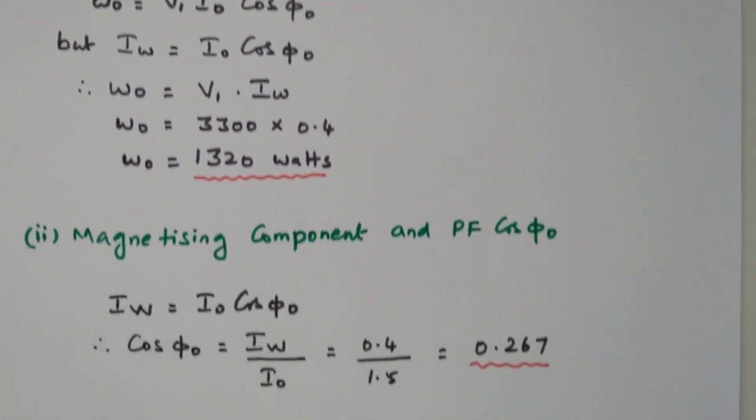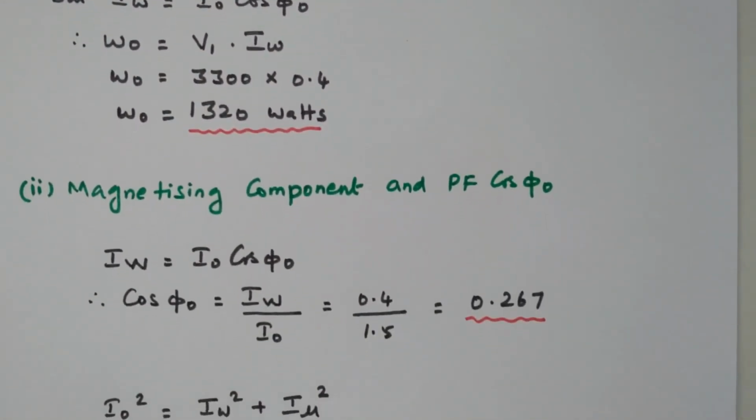Now, we will go to the magnetizing component and power factor. IW equal to I naught cos phi naught, so cos phi naught can be calculated as IW divided by I naught. These two values are available. The working component is 0.4, the no-load current is 1.5.